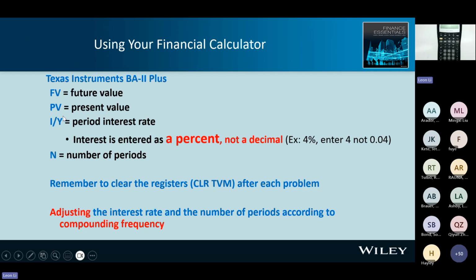All right, and n is the number of periods. When you do any calculation, you need to clear the data you entered before. One more point: adjust the interest rate and the number of periods according to compounding frequency.